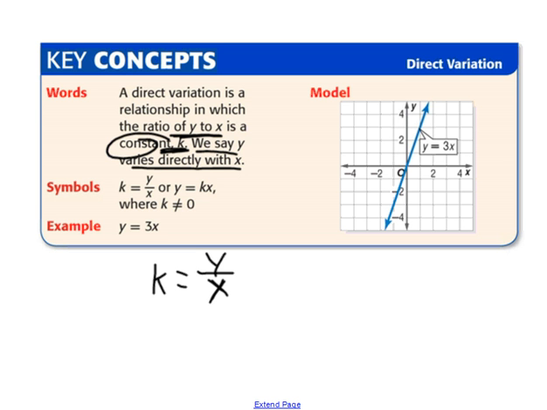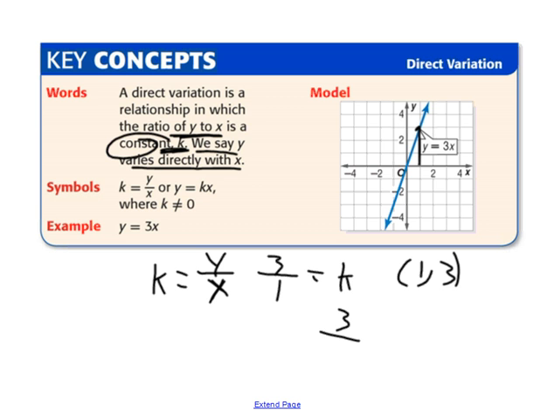Well, let's look at this particular line. If we look at 1 hour worth of work, or an ordered pair of 1 comma 3 here, so the ratio of y to x would be 3 over 1, so our constant k would be 3.